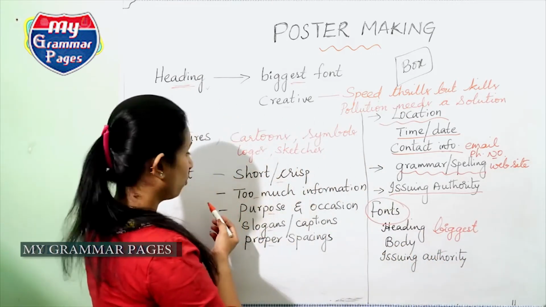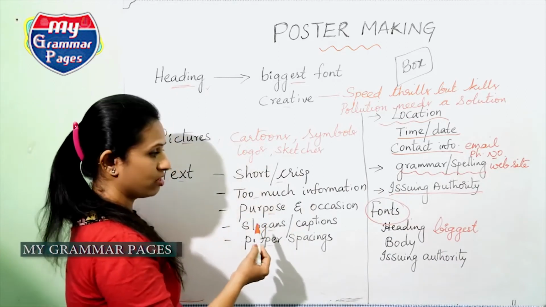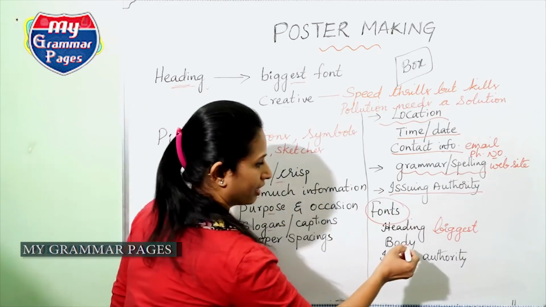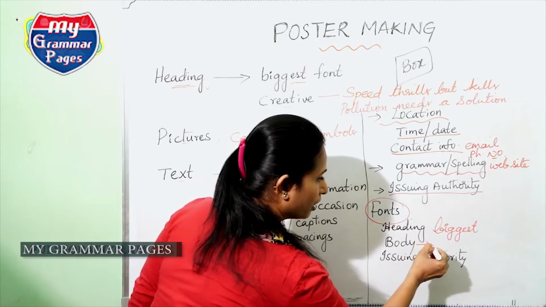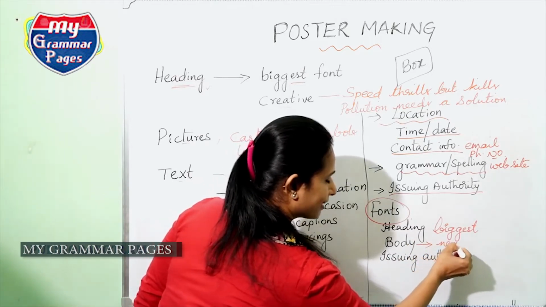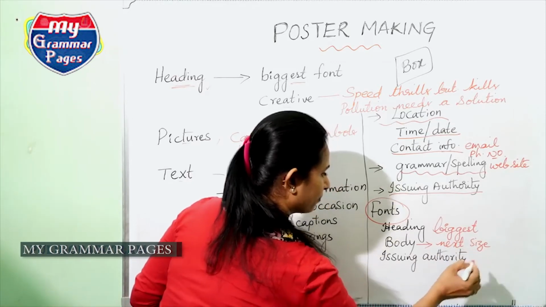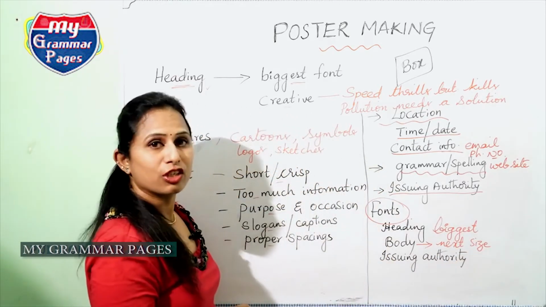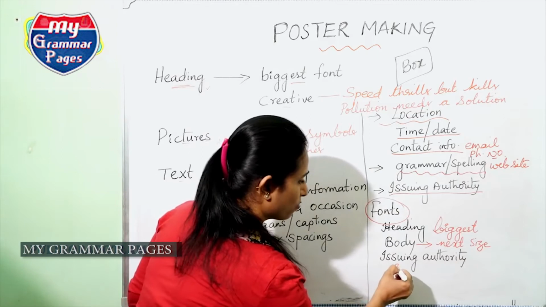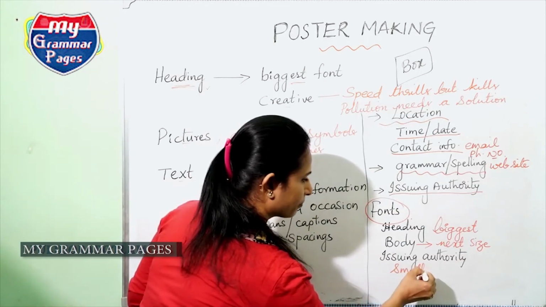And next, the body, the slogans or the captions or whatever you write under the body should be in the next size. And the last one, the issuing authority, in the smallest size.